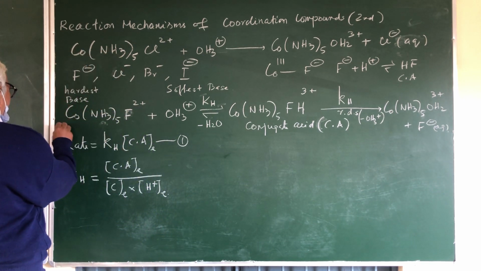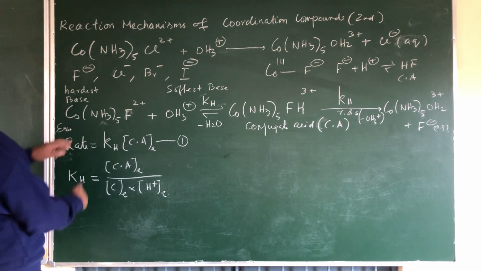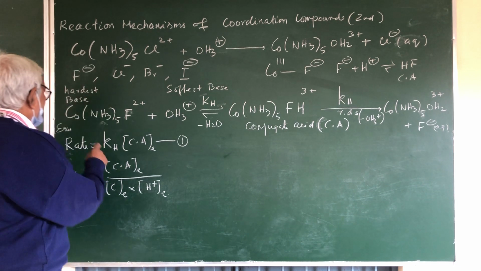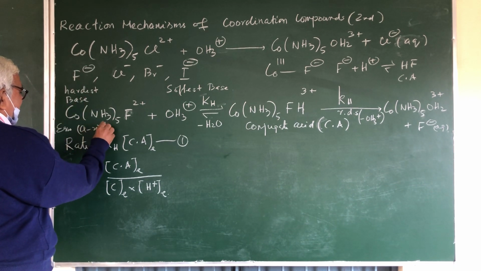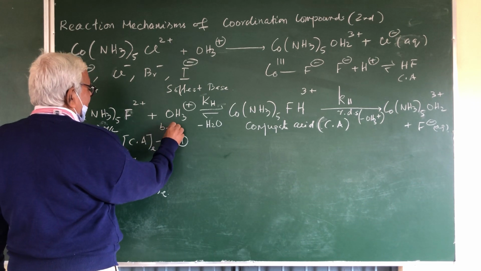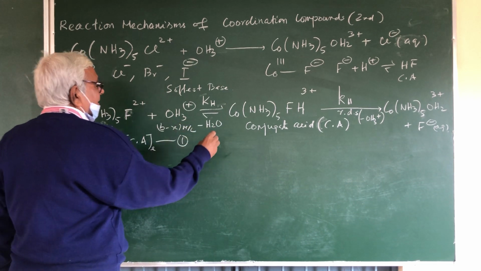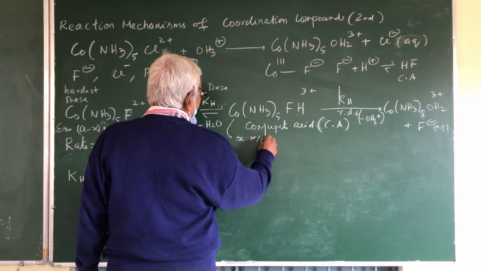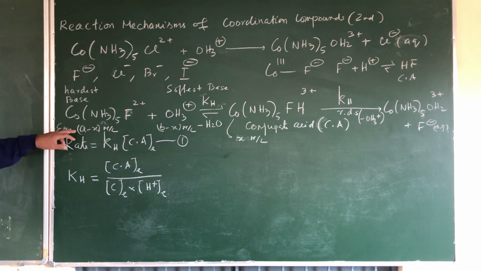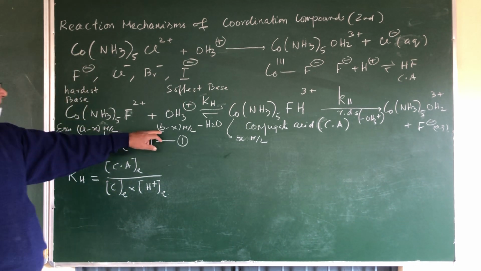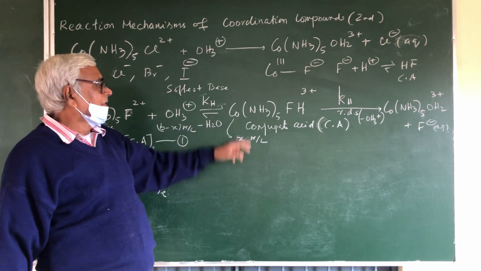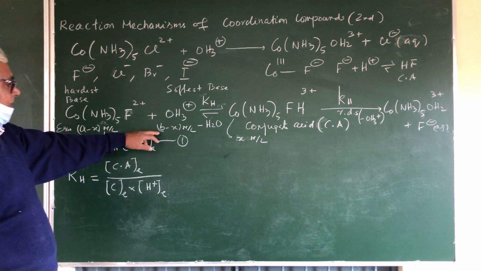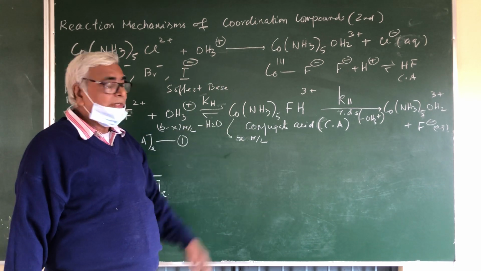Suppose we start with initial A moles per liter of complex, initial B moles per liter of acid. Initially the conjugate acid should be 0 moles per liter. At equilibrium, this is A minus X moles per liter, this is B minus X moles per liter, and this will be X mole per liter.